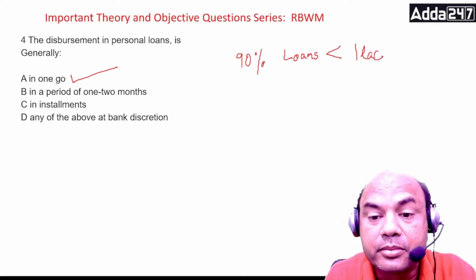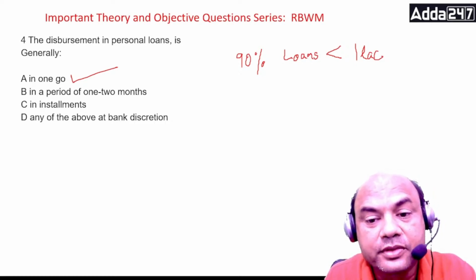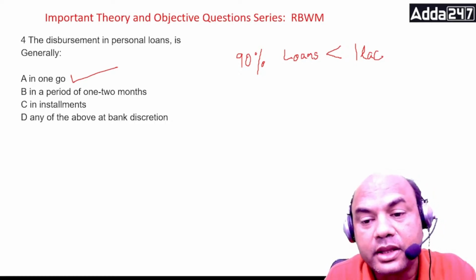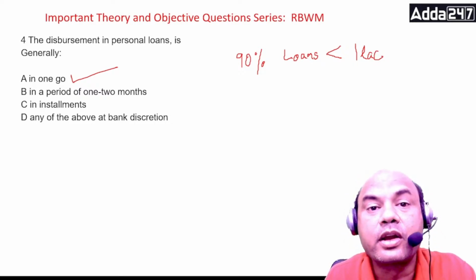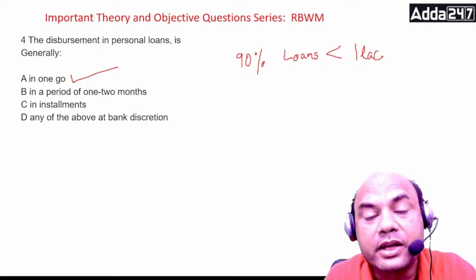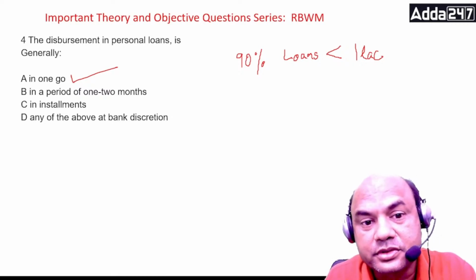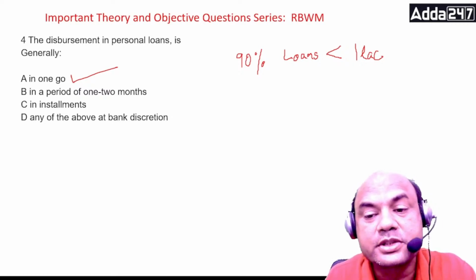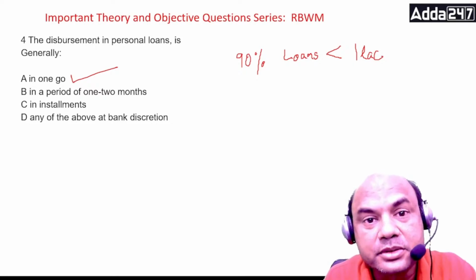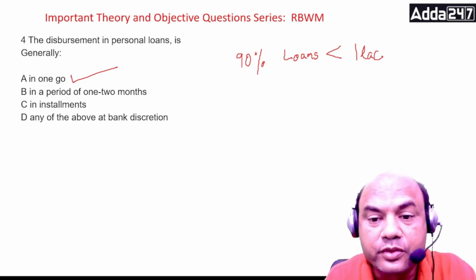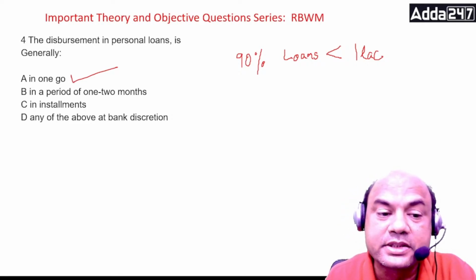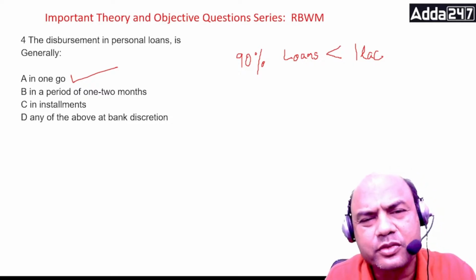I am talking of numbers. 90% of the loans in our country are below 1 lakh. So this is a flavor. After all, you have to reduce your NPA also, diversify your portfolio also. So in that case, you have to focus on these PLs and these consumer loans, okay, and these two-wheeler loans. You have to focus on that. Got it? So the disbursement of the PLs is generally in one go. Smaller loans are always given in one go.